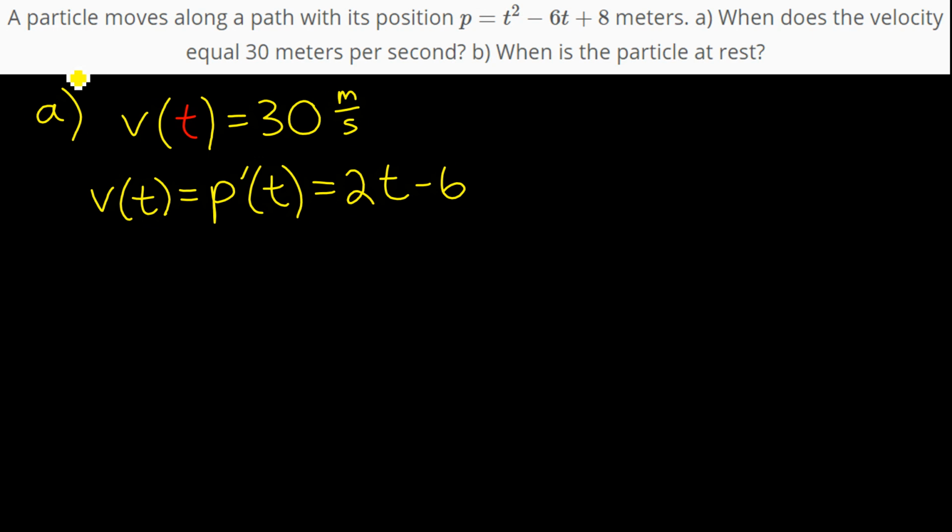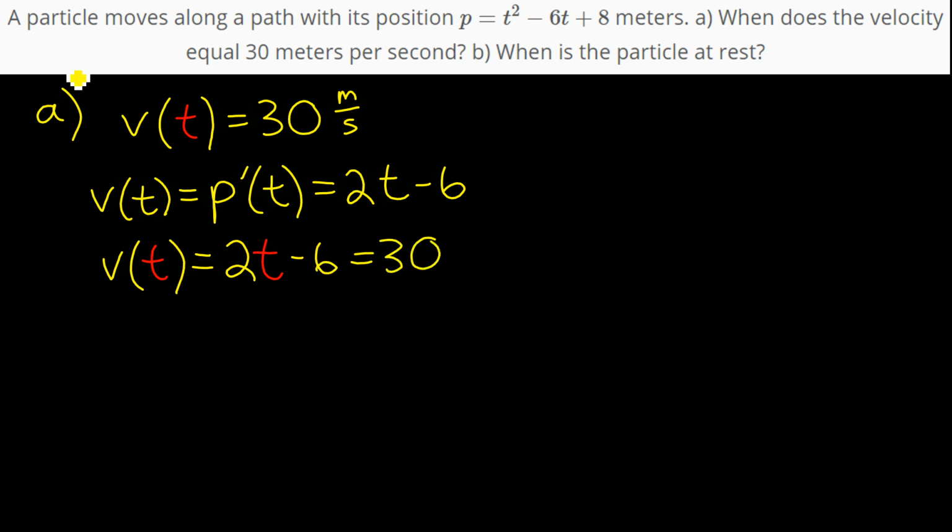So I want to figure out what time this happens. Okay, so when I go back and I say, v of t equals 2t minus 6, and that's going to equal 30. So at this point, we've got the equation that I'm supposed to use.